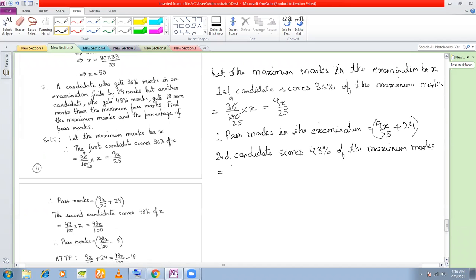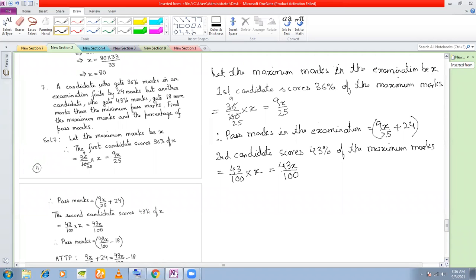Which is equal to 43% of total marks, 43x by 100. Now what happens even after scoring 43% marks, he gets 18 more than the pass mark.